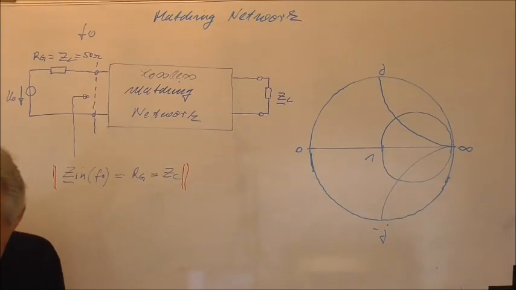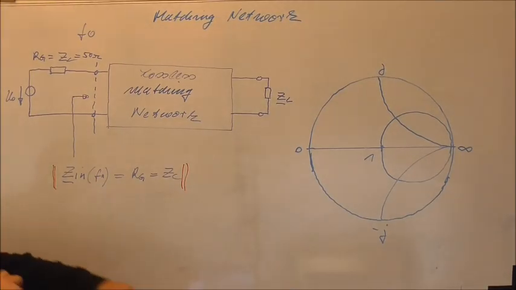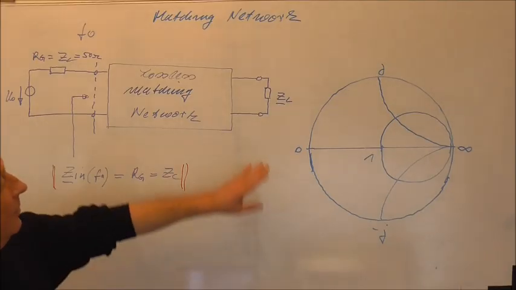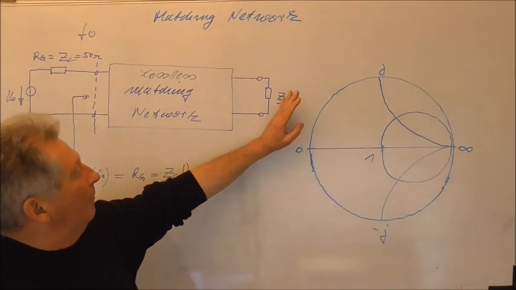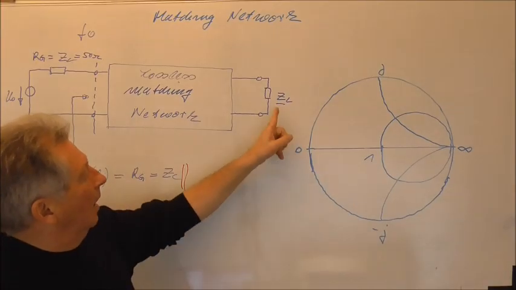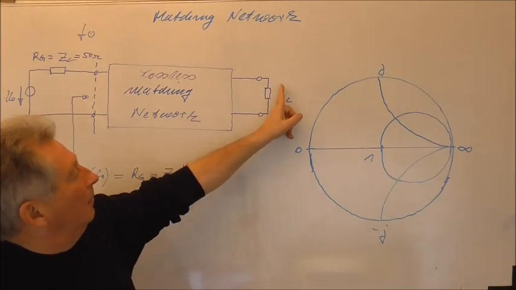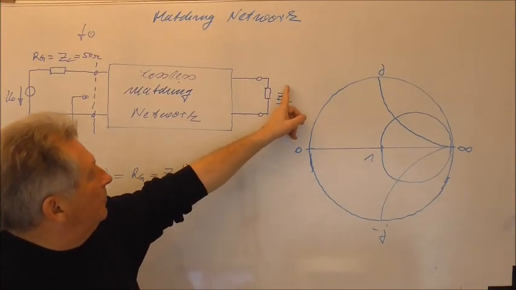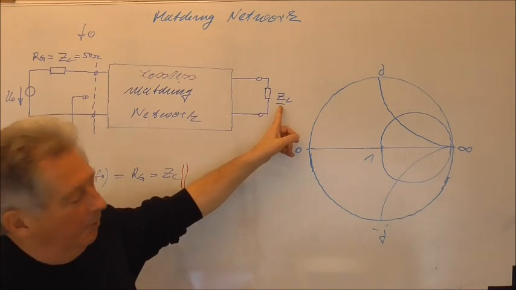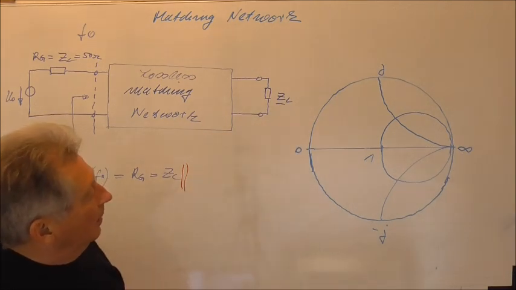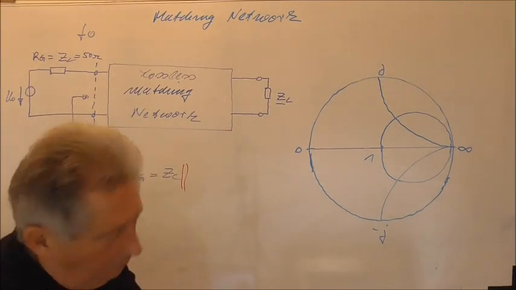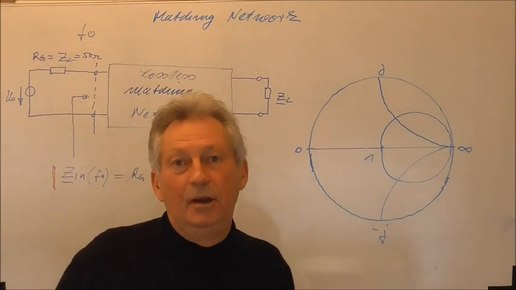So this is our Smith chart, and of course now we have our load impedance here. I told you that this load impedance shows a complex value. This is why I have to draw an underline. And of course this load impedance, what do we know about the load impedance?